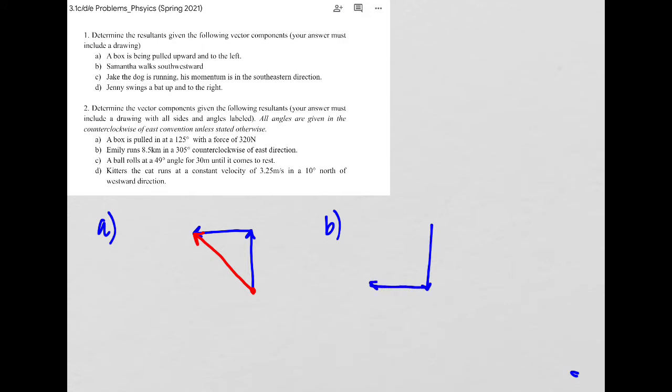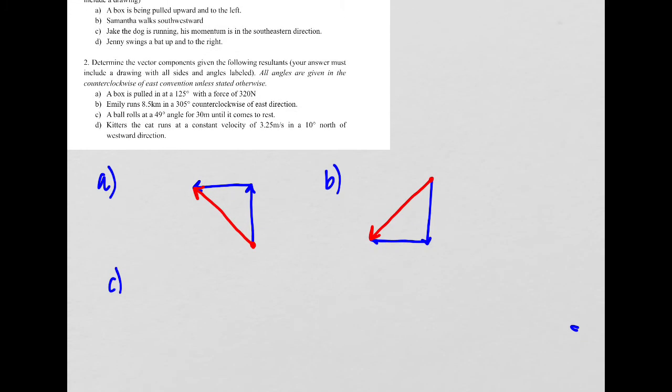It's not the most clear, but it should be south. You should have a south pointing vector and a west pointing vector, and then your resultant should look something like that. Letter C says that Jake the dog is running and his momentum is in the southeastern direction. So the south and eastern direction, and your resultant would look something like that.